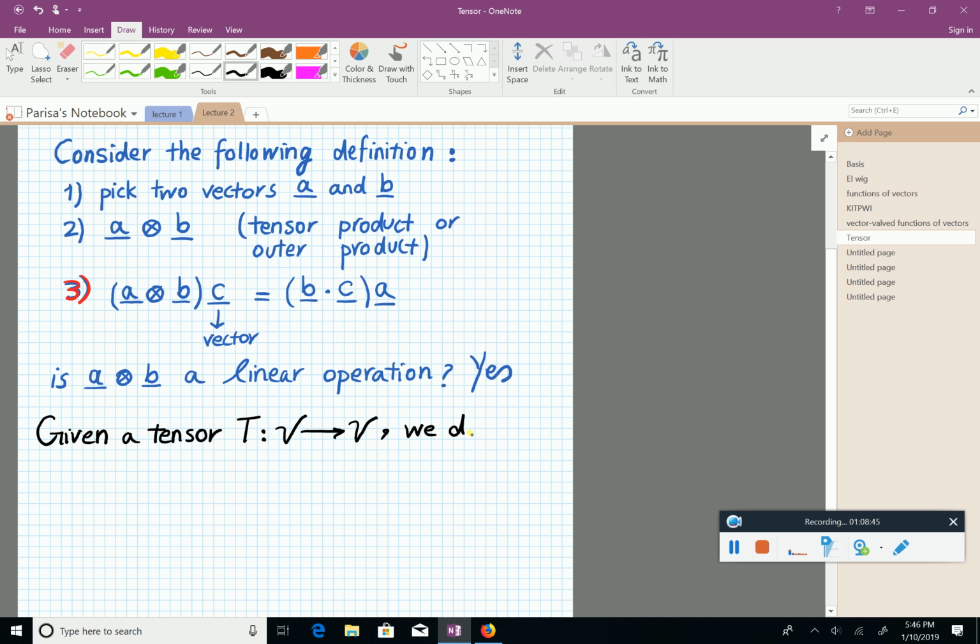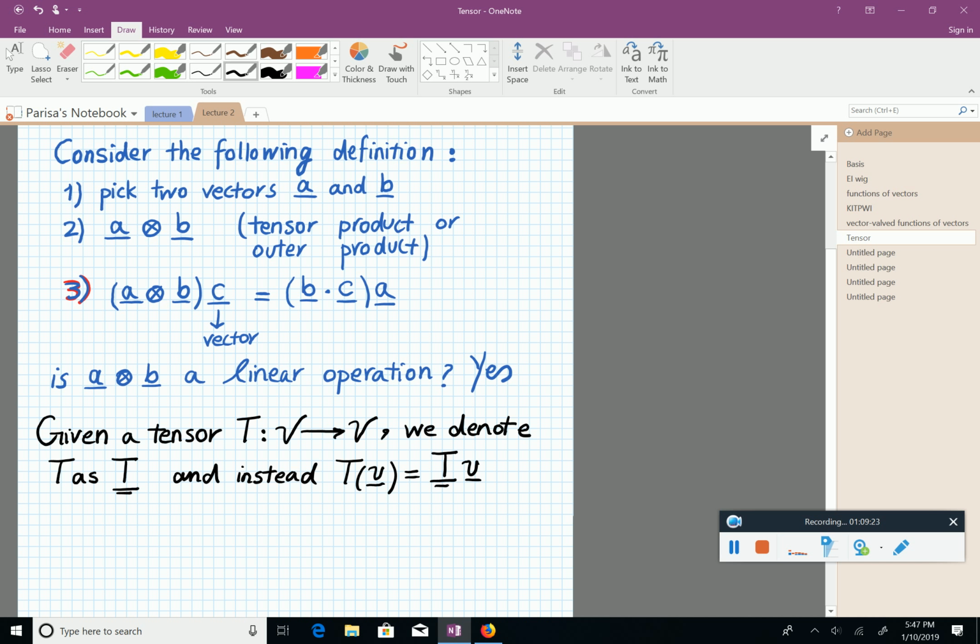We denote tensors in this class with double lines, and instead of writing T times V, the action of the tensor on a vector, we just write it like that.